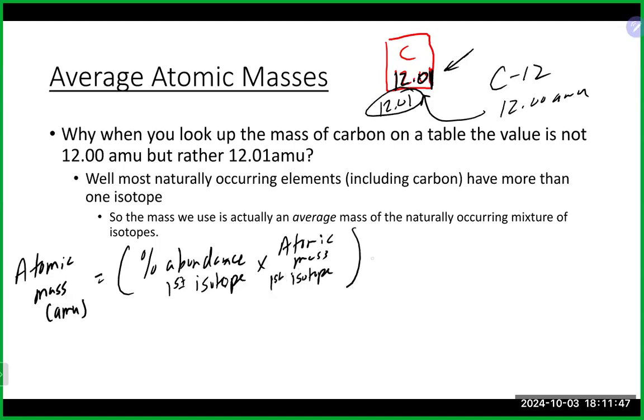Then we add it, people always want to multiply with this one, but we actually add it, to the percent abundance of the second isotope times the atomic mass of the second isotope.